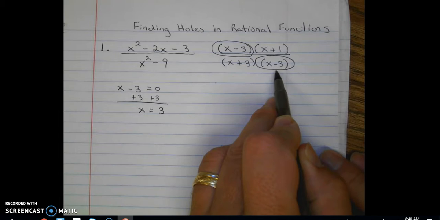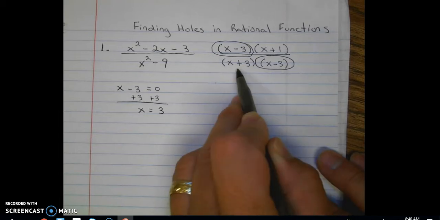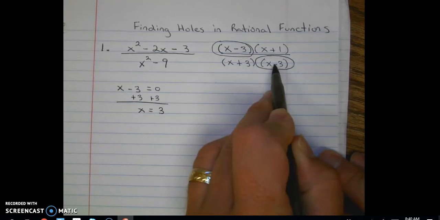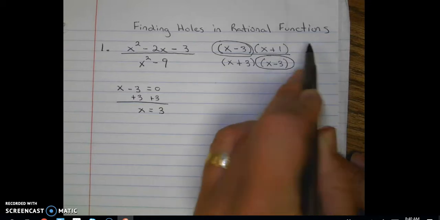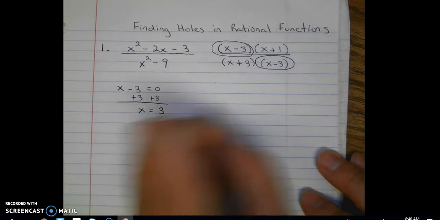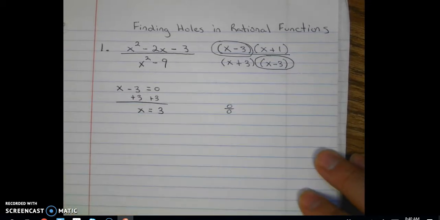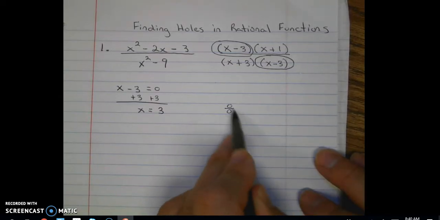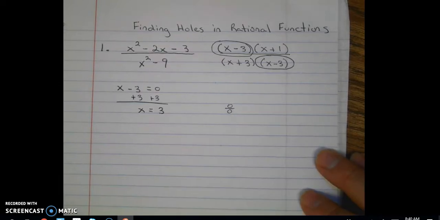And then down here we get 0 times anything is 0. So what we end up with when x equals 3 is 0 divided by 0. And remember, we cannot have a division by 0. Okay? That is undefined.